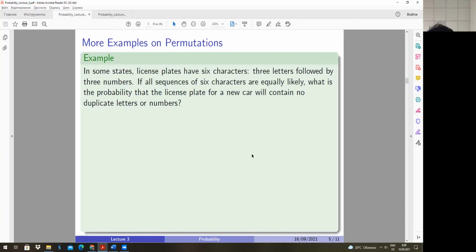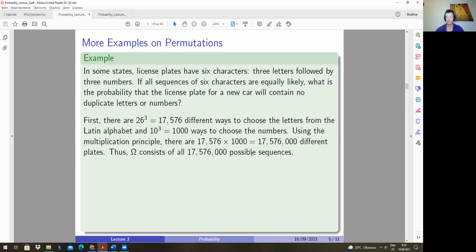Okay, and then how many digits do we have? From 0 to 9, we have 10 digits. So 26 times 26 times 26, and then times 10 times 10 times 10.